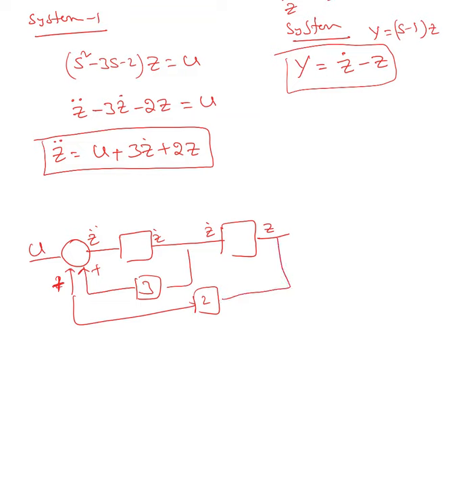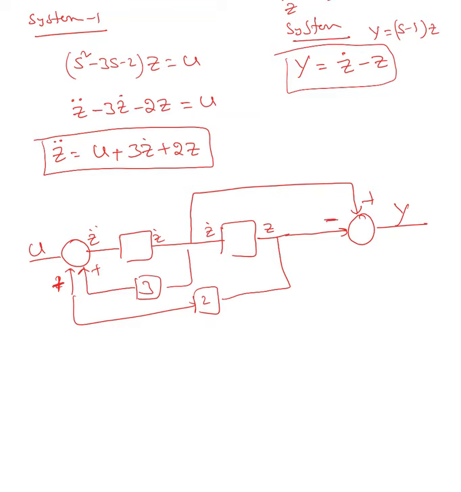So this is system 1. Now to get y, I need z dot, and it's minus z. So this is plus and this is going to be minus. That's how we'll end up with y. That's all, we added both systems.